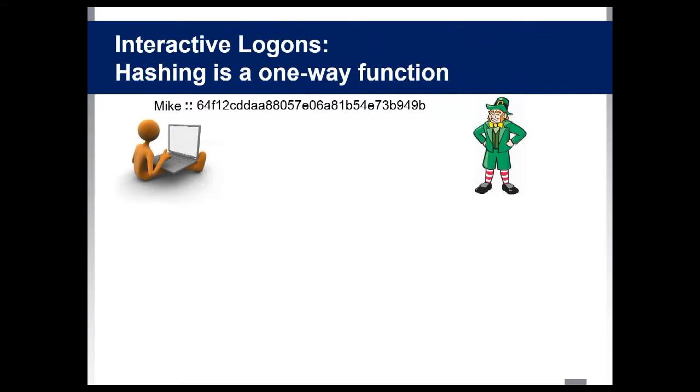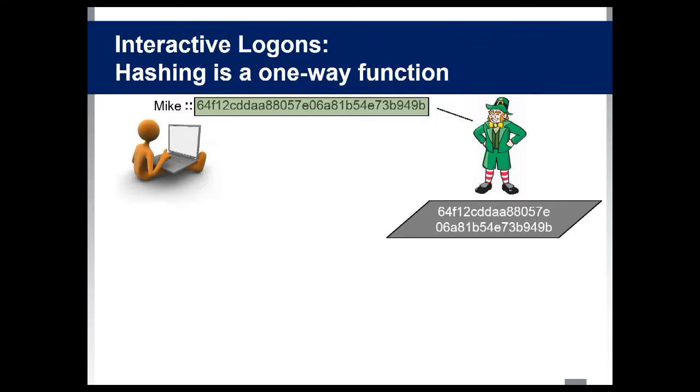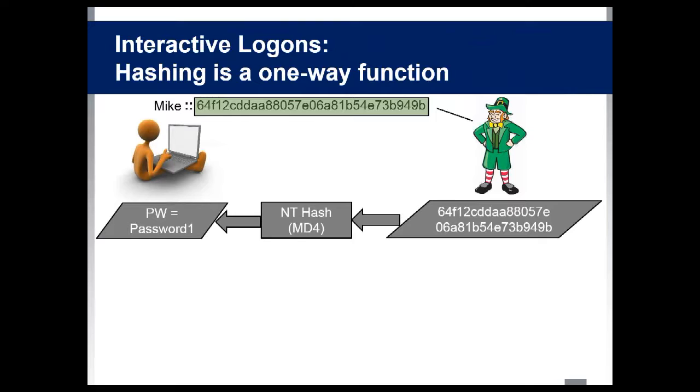So let's say an attacker's got control of my system, and he's able to steal my password hash. The nice thing about the hashing algorithm is that you can't take that hash and run it back through the hashing algorithm to reverse out the password. That's actually not going to work, and that's a good thing.